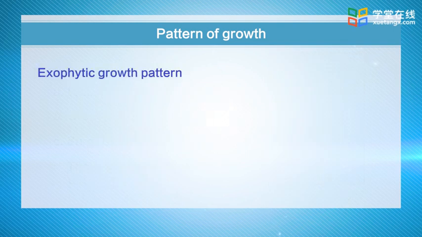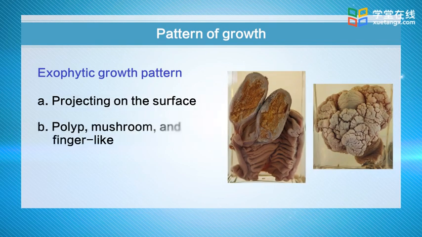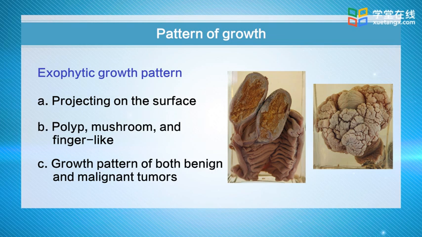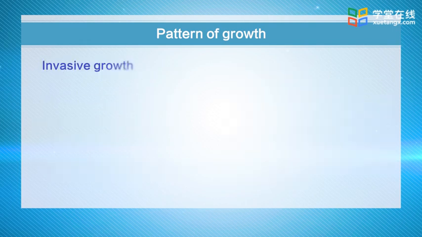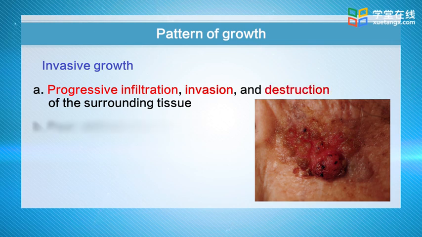Exophytic growth pattern can happen in benign and malignant tumors. We can see on this slide, the exophytic tumor grows outward from the surface. The right one is a malignant tumor with a cauliflower-like cluster, while the left one is a benign tumor with a polyp. Invasion growth pattern involves progressive infiltration, invasion, and destruction of the surrounding tissue.